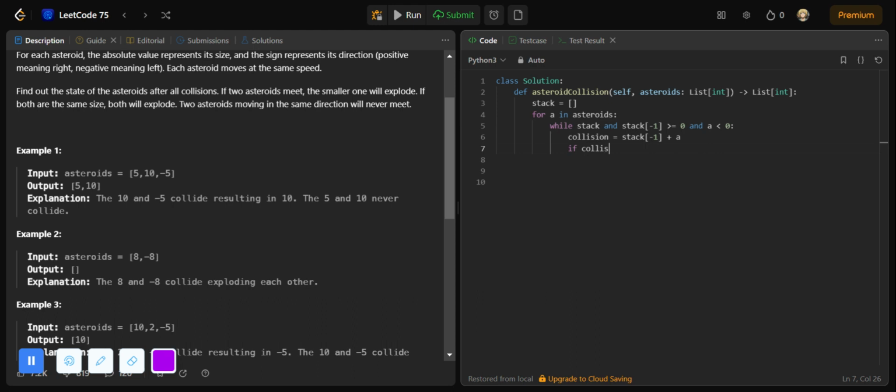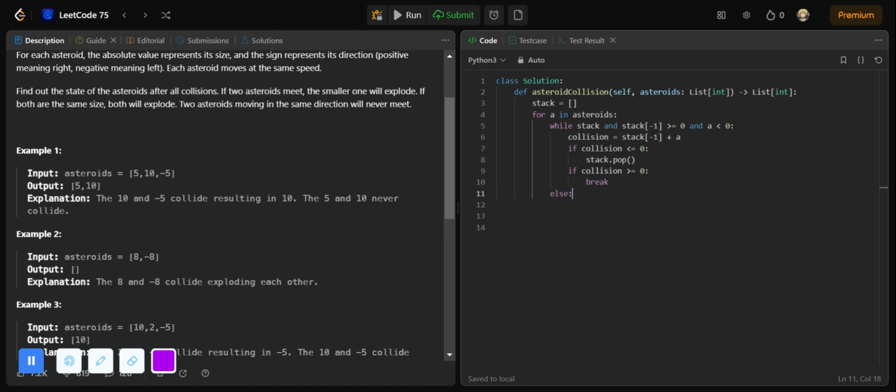If the collision is less than or equal to zero, we pop from the top of the stack. And if the collision is greater than zero, meaning it has greater magnitude, we break from the loop.